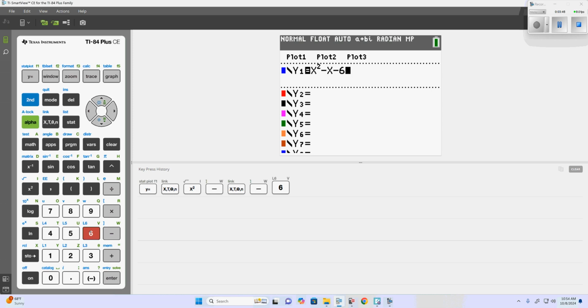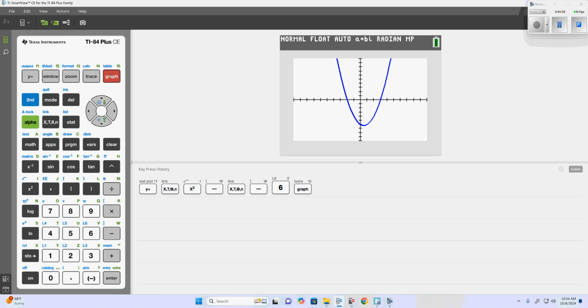Is everybody able to get to this point? Yes? Now the next thing, once we get it all typed in, is we hit the button that says graph at the very top. Questions on this so far?